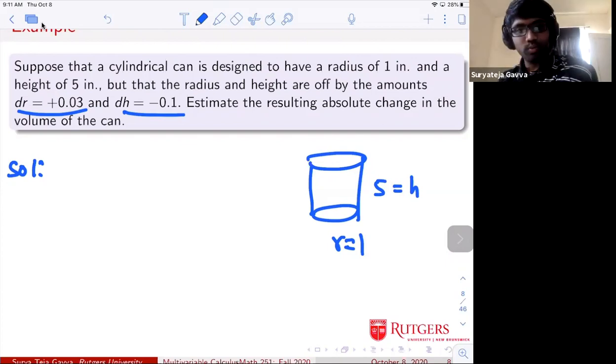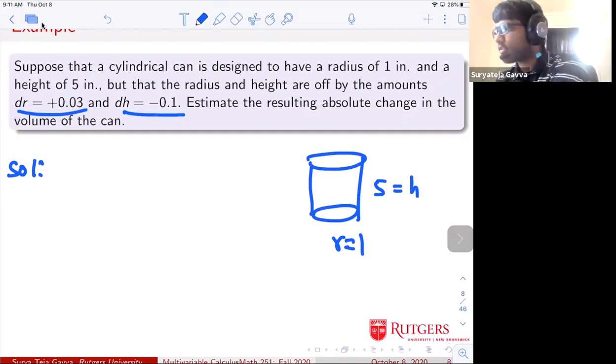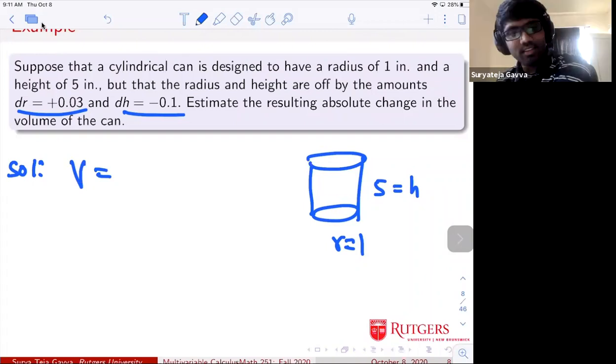So what do I do? First of all, can you tell me what is the volume of the cylinder in terms of the height and radius?